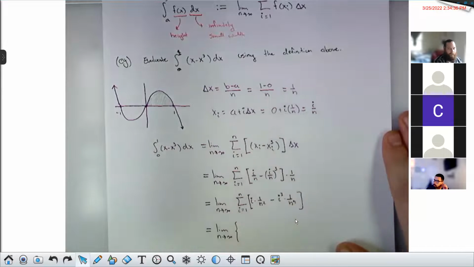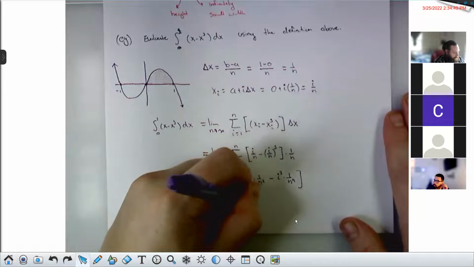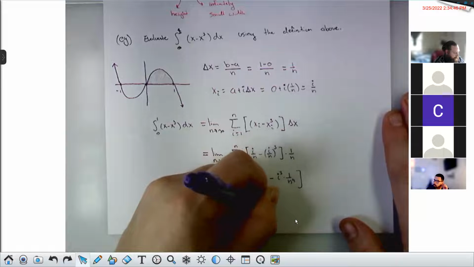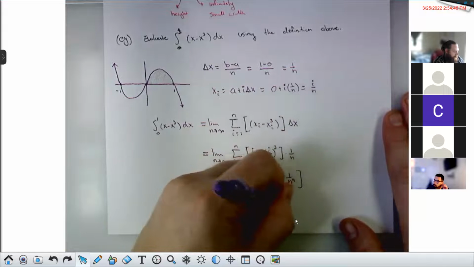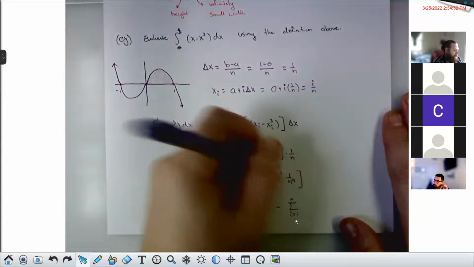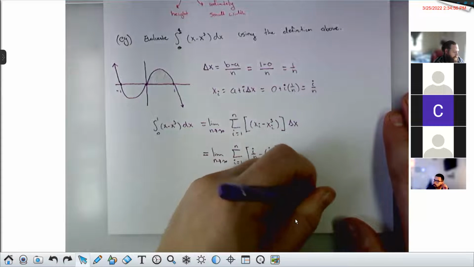So I'll write limit and then a big open parenthesis, sum i from 1 to n, i times 1 over n squared, minus sum i from 1 to n, I'm splitting up the sum, i cubed times 1 over n to the 4.